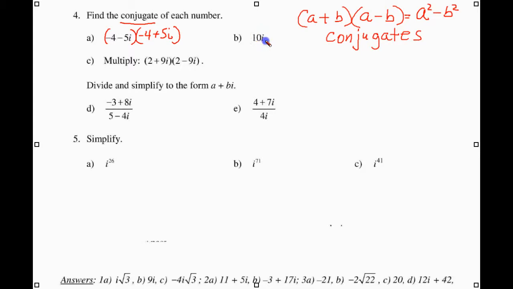Now here, they're giving the conjugate as a -10i. And where that is, in fact, the conjugate, all we really need is a -i here, as you'll see when we do this down there.